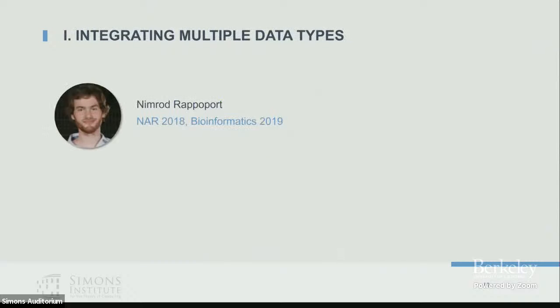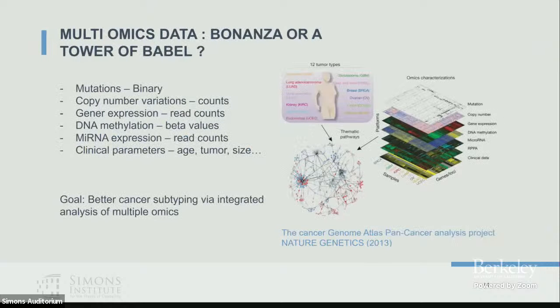So I'm going to talk about 3 or 4 stories, and as this will be short, I will not be very technical. So the first story is a work of Nemo, a PhD student in the group. And the motivation is TCGA-like datasets where we have multiple layers, multiple modalities of data for a cohort of individuals, which is potentially extremely powerful.